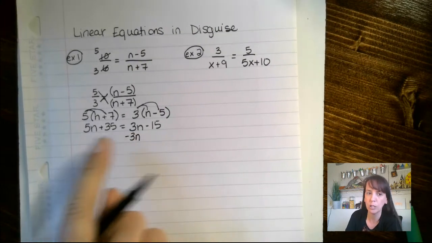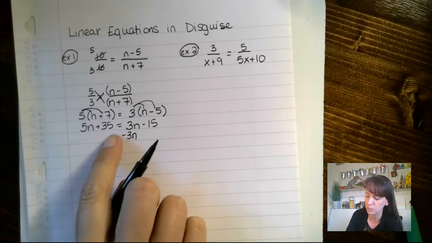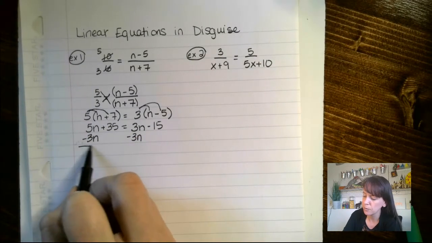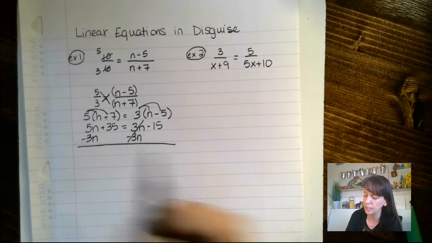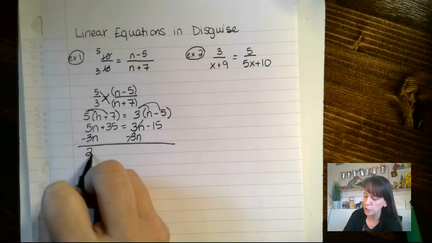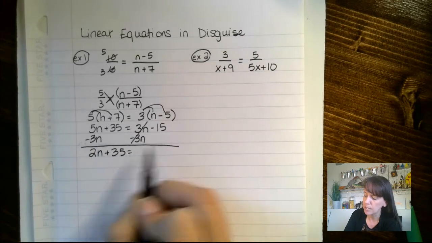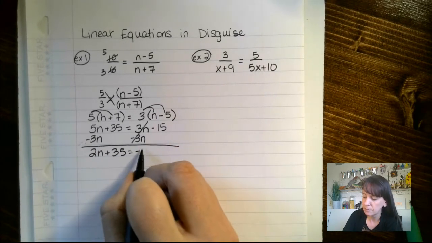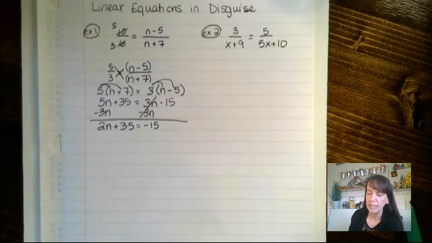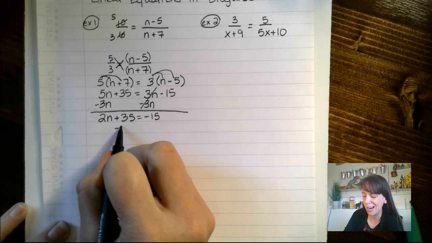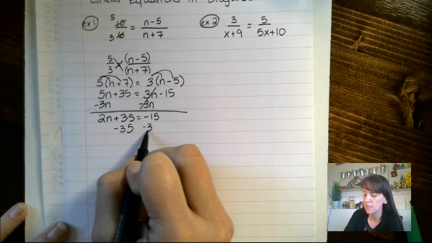So we're going to minus 3n. To move that whole chunk over, under this 5n we've got a minus because we're going to the other side of the equal sign. So minus 3n from both sides cancels it out over here, and 5 minus 3 here is going to be 2n plus 35 equals, and don't forget this negative sign, minus 15. Again, we want to get the chunk with the variable by itself, so we need to move that guy to the other side. Now we're going to minus 35.